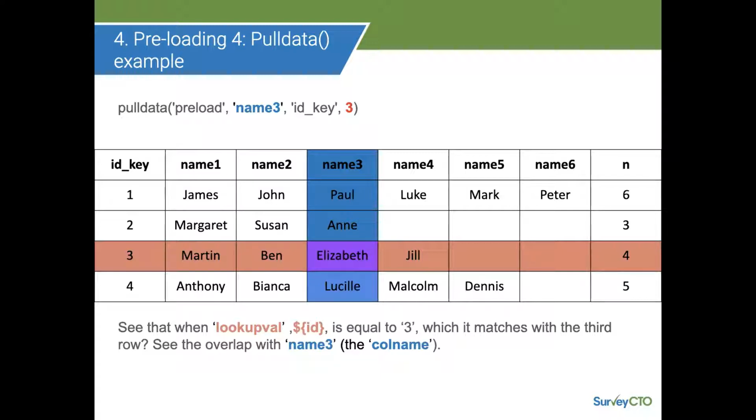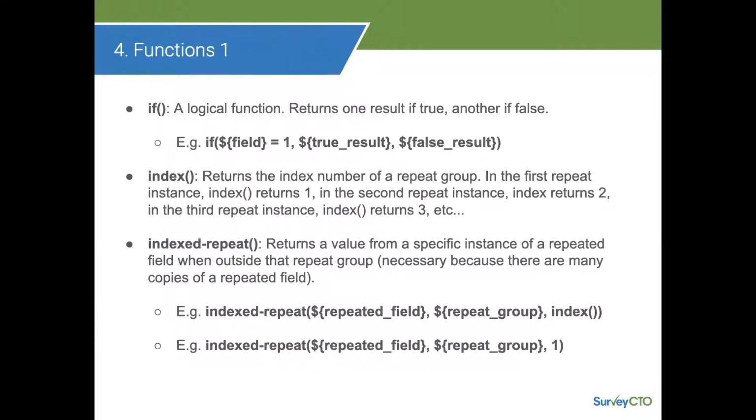I hope you can see the overlap with the name3 column here with the ID key value 3. That's all that's happening behind the scenes if you happened to enter the ID value 3 into the ID field. So that's preloading. I hope you have a better sense than you had before of how preloading works.